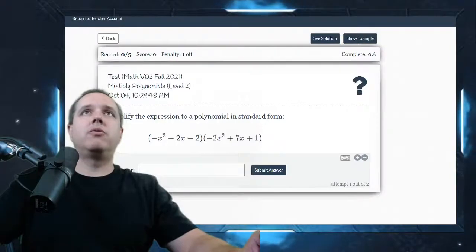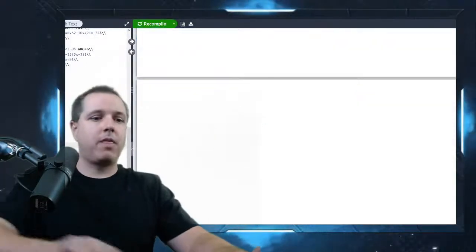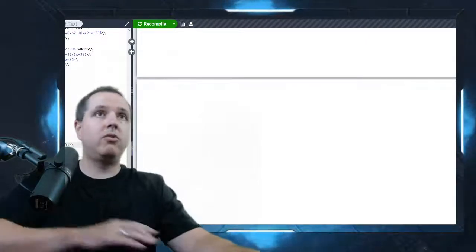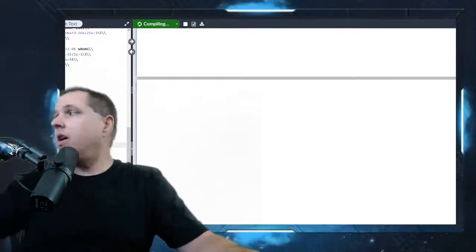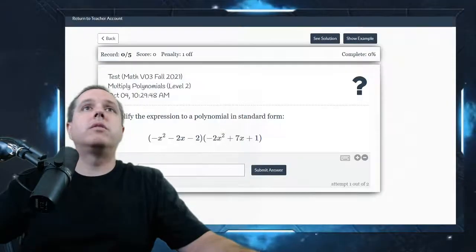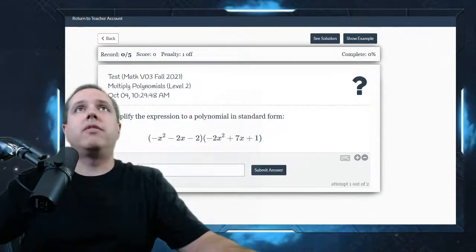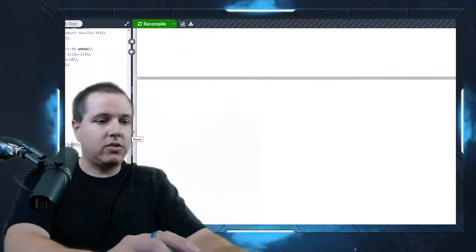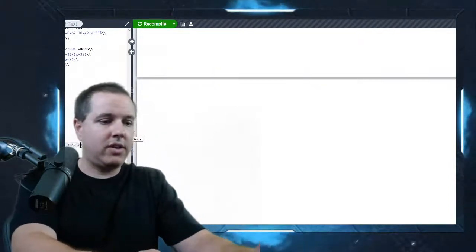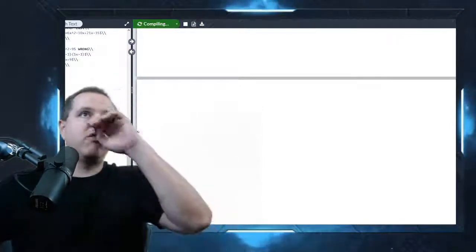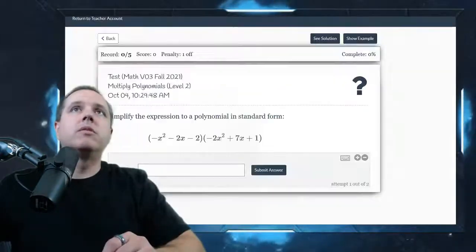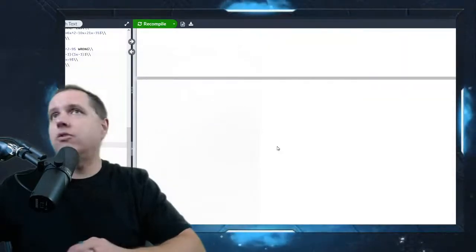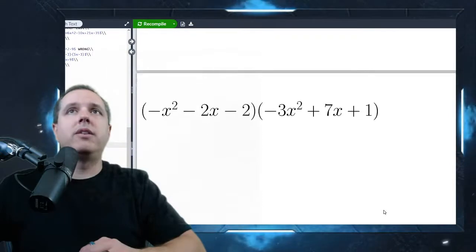Negative x squared minus 2x minus 2, and negative 2x squared plus 7x plus 1. Did I get that right? Okay, that looks right. And where's our problem? Here it is.